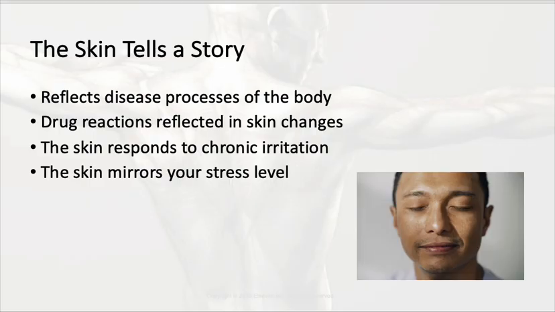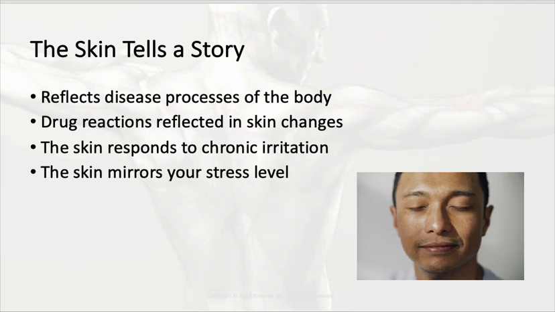Now, one important thing to understand about the integumentary system is that the skin often reflects what's happening inside the body. So first is that the skin reflects disease processes. Many internal diseases show visible signs on the skin. Changes in color, texture, the presence of rashes or lesions or sores can indicate underlying conditions, such as infections within the body.